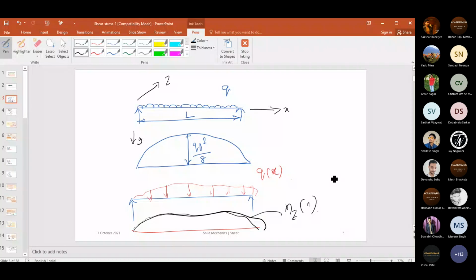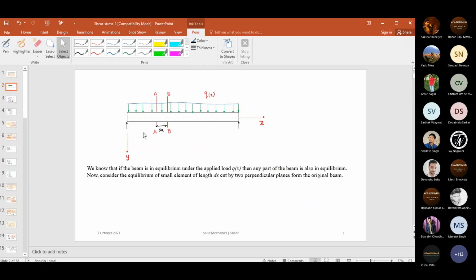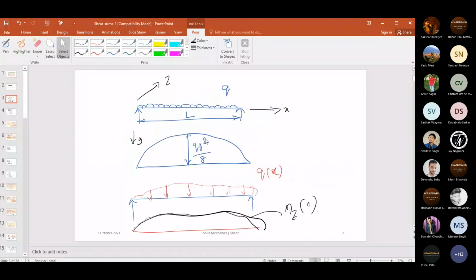Okay, now what I do is, there is no space. Anyhow, let us take this small portion dx, and we will consider the equilibrium of this small portion, and we will see what will happen.